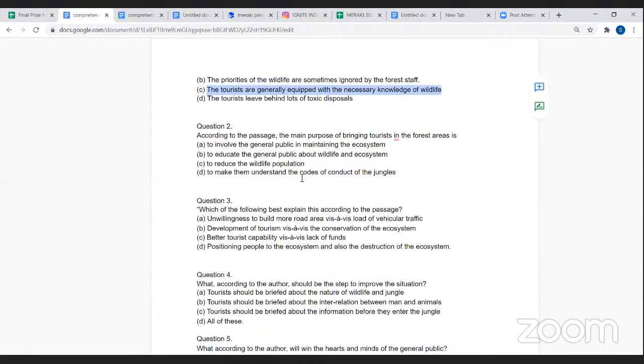Question 2. According to the passage, the main purpose of bringing tourists in the forest areas is B. It is to involve the general public in maintaining the ecosystem.